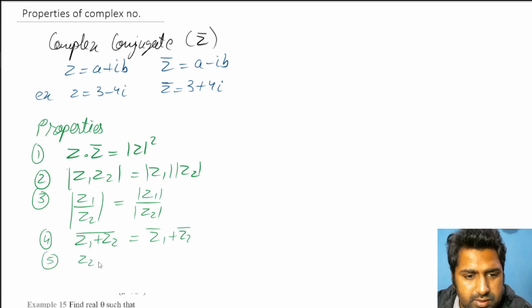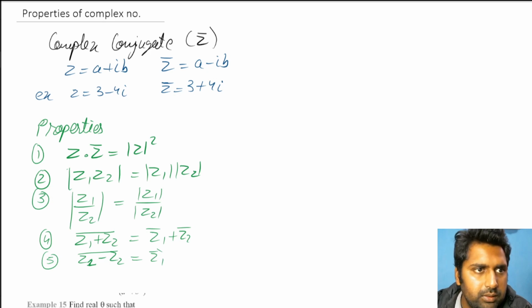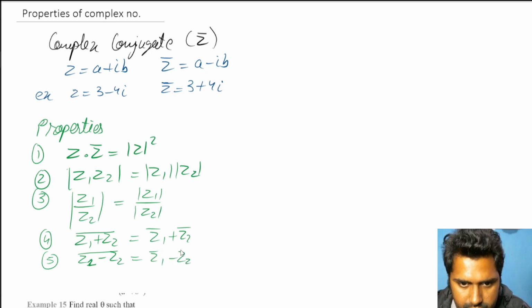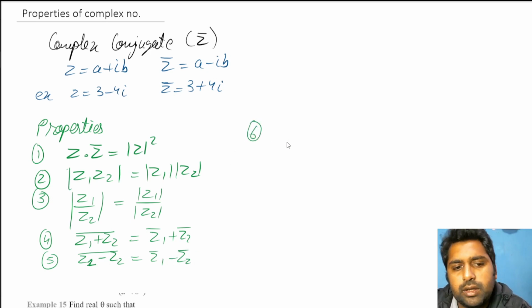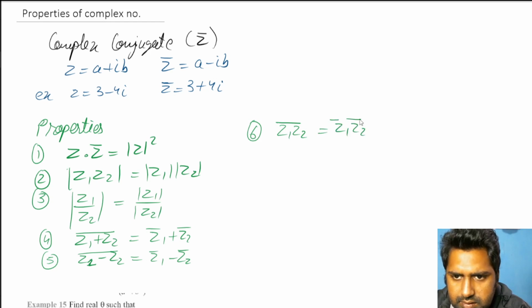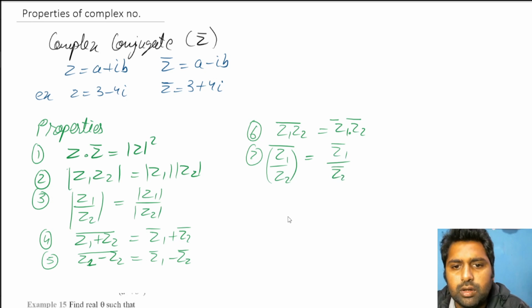Same thing we can do about minus also: z1 minus z2 conjugate is z1 bar minus z2 bar. Fifth, sixth, we can split the complex conjugate around multiplication also, like the conjugate of z1 z2 is z1 bar z2 bar, and they can be split about division also: the conjugate of z1 by z2 is z1 bar upon z2 bar. This is done.